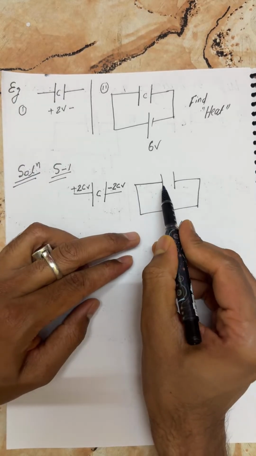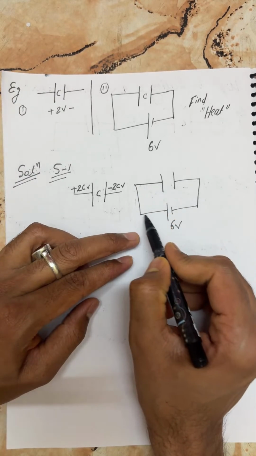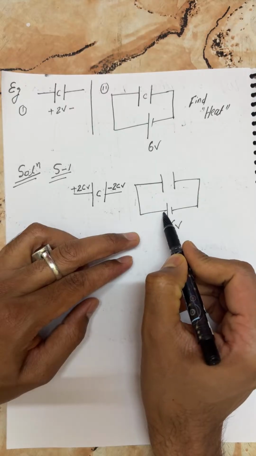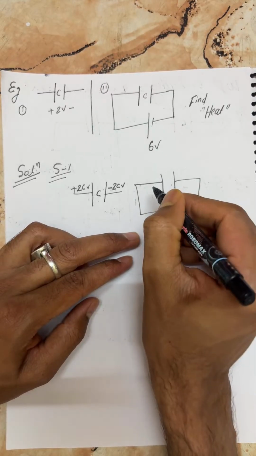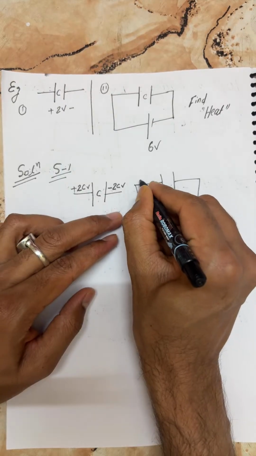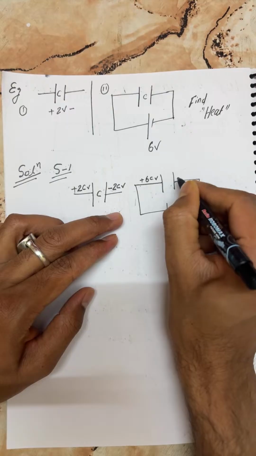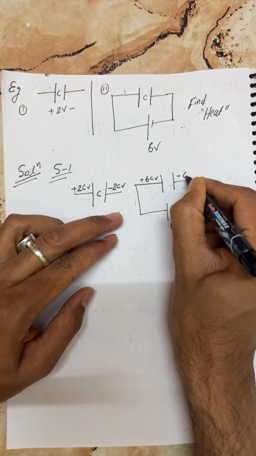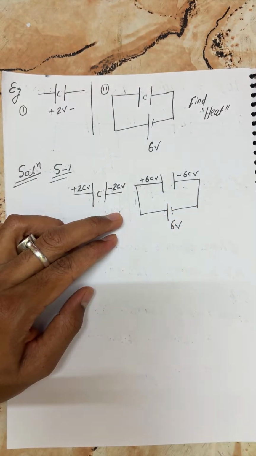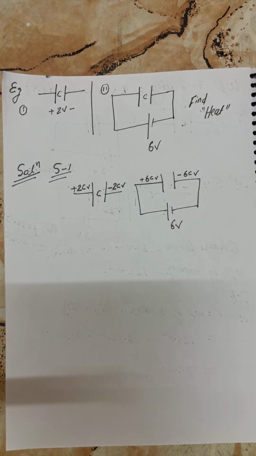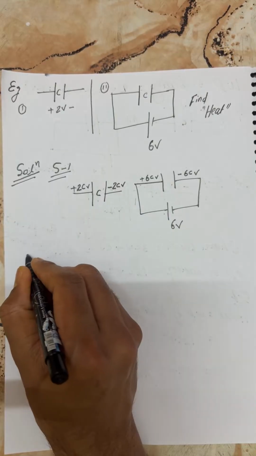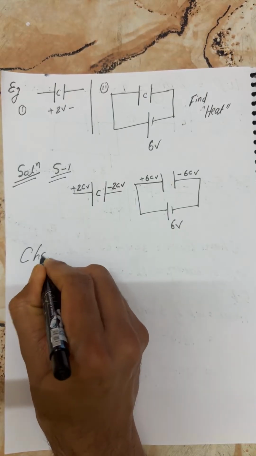You can say the capacitor is connected to the positive terminal of the battery. So this is 6 CV plus, and this is minus 6 CV. Okay. Now beta, here first you need to find charge flow.